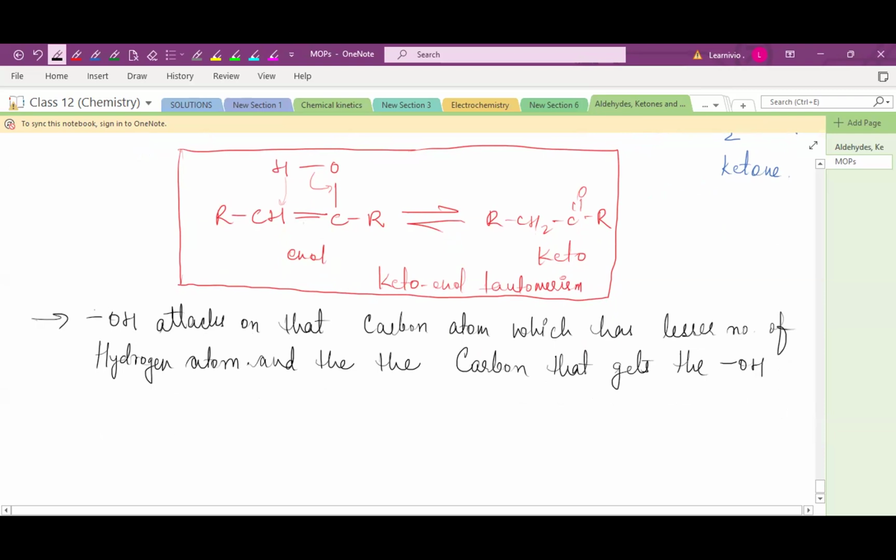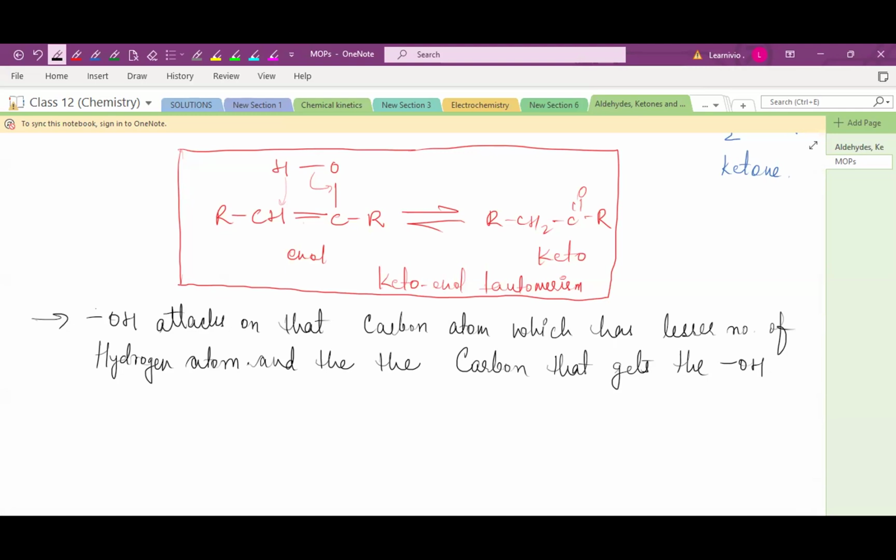Basically, in the unsymmetrical alkyne, you have to attach the OH group, because you are doing the hydration. So you have to attach the OH group to that carbon which has lesser number of hydrogen. And that carbon which gets the OH will transform into a carbonyl compound after tautomerism.